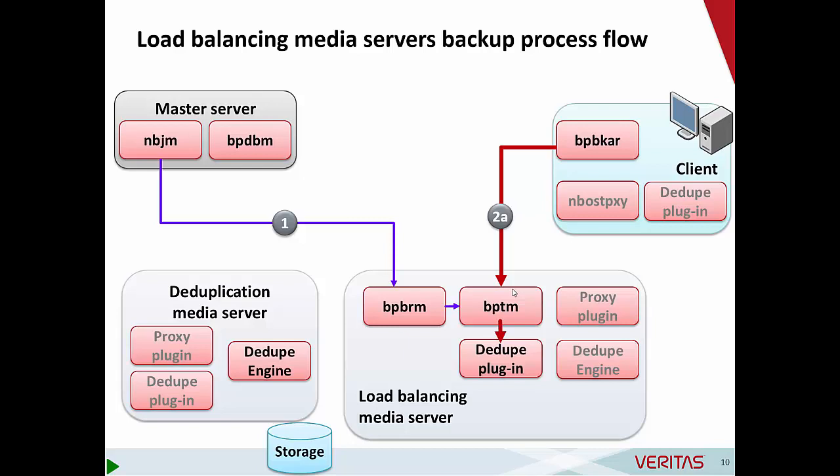Now the dedupe plugin is responsible for deduplicating this data, for fingerprinting it, for deciding what's unique and what's not, and sending along the unique data only to the dedupe engine. That's a transfer that'll happen across the network, and then the dedupe engine writes it to disk. So note that load balancing media servers never write directly to the disk, only the storage server can do that.